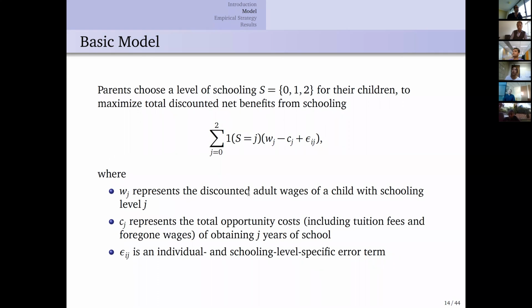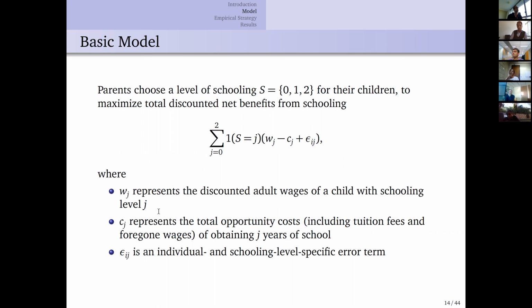With this approach, parents are choosing a level of schooling. Basically, in the model, that level of schooling turns on this dummy and determines what wages and costs you see. So W_J is the discounted adult wages of a child with schooling level J. C_J represents the total opportunity costs for schooling level J. That includes tuition fees and foregone wages.